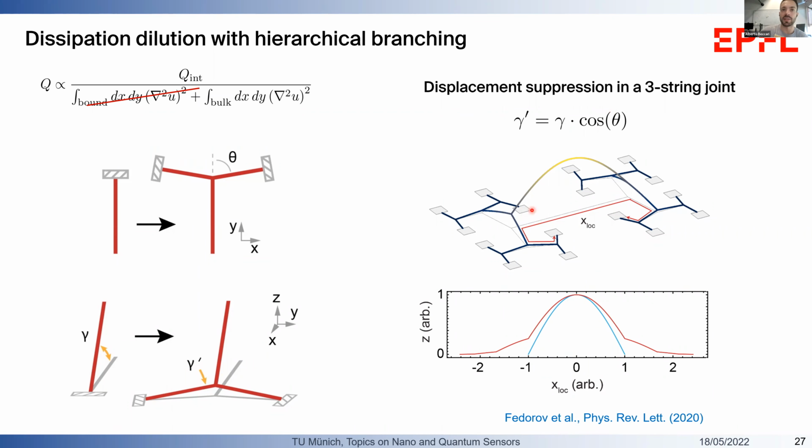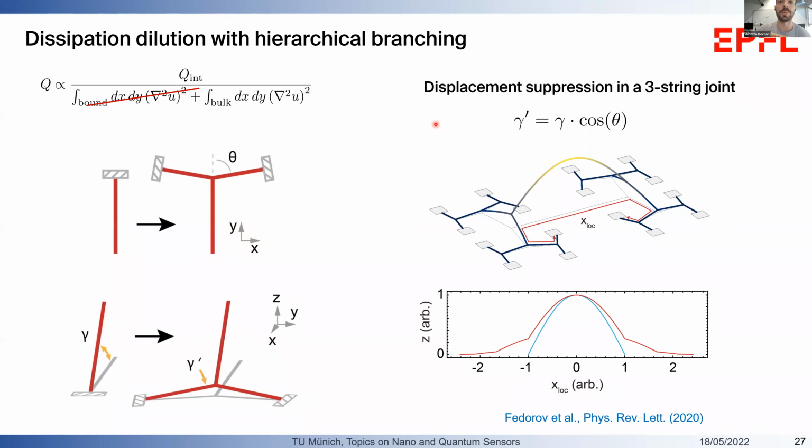So if we cascade several of these three-beam joints, we can gradually suppress the amplitude of the displacement field going towards the clamping points, which is basically equivalent to soft clamping, because then you would also get much reduced curvature of the mode shape pattern at the clamping points, and basically get rid of this dominant contribution for the dilution factor.